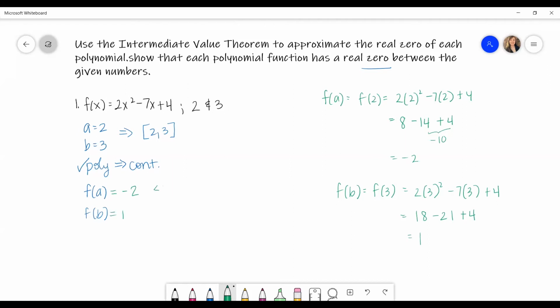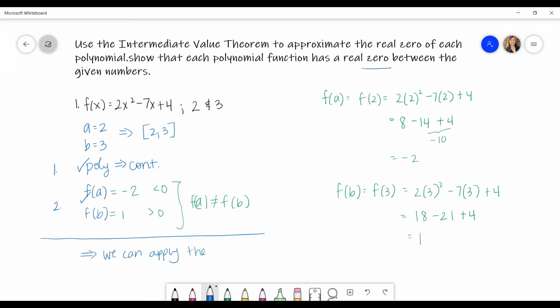So this is negative, and this is positive, and together we're saying f of a is not equal to f of b. So a second check mark. So this right here and this right here, that tells us we can apply the intermediate value theorem. A lot of times I just write IVT, intermediate value theorem.